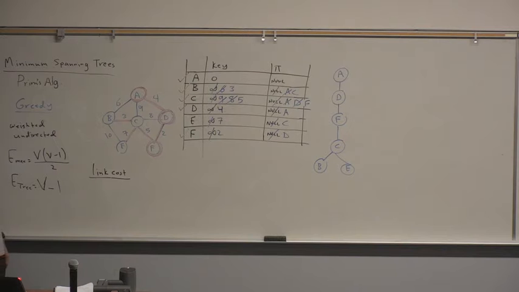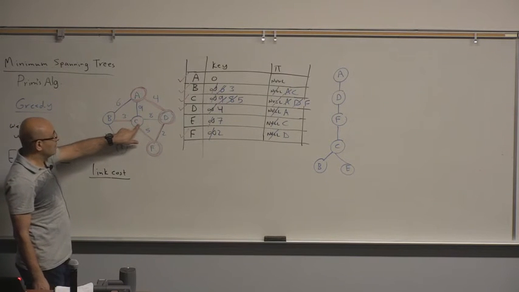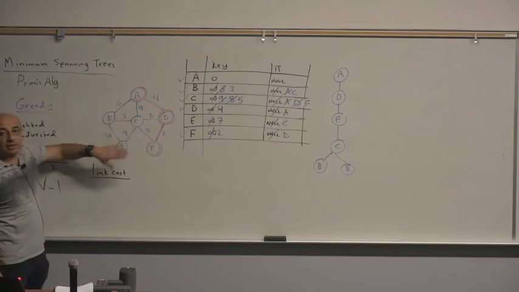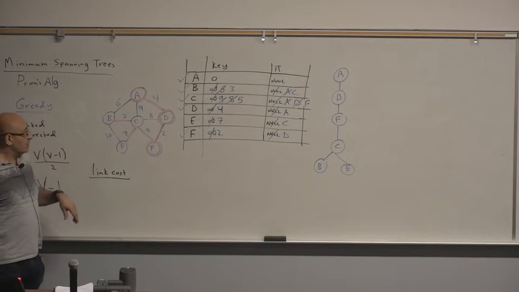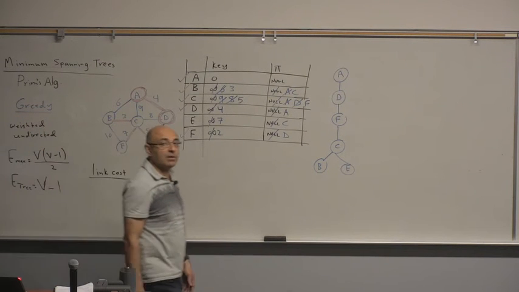Yeah, so when we added C to the minimum spanning tree, we checked all the vertices, but we skipped the ones that are already connected. So B and E were not connected at that point, right? Yeah, so B and E were not connected at that point. So these were the only ones that we updated. But the ones that were connected, we just skipped them because they have been connected already.